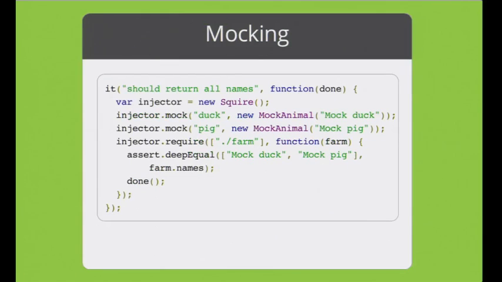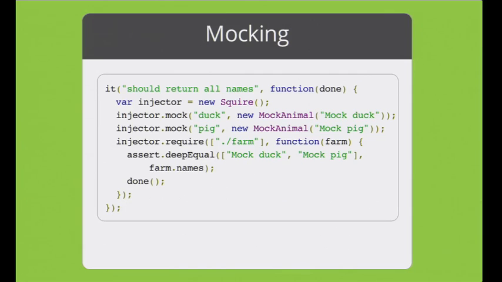I can do this by creating my injector, and then I can mock a duck with a mock animal, which is a mock duck. I can mock a pig with a mock animal, which is a mock pig. And then I can do injector.require, require the farm, and then I'm doing a deep equals on the farm.names.